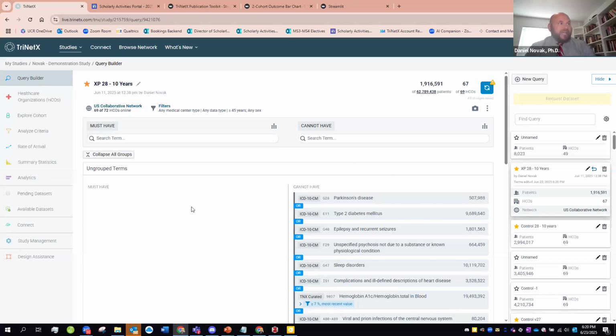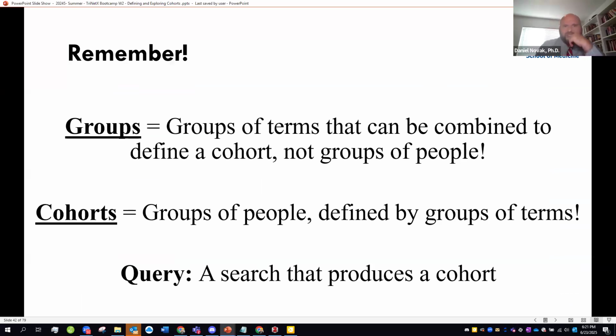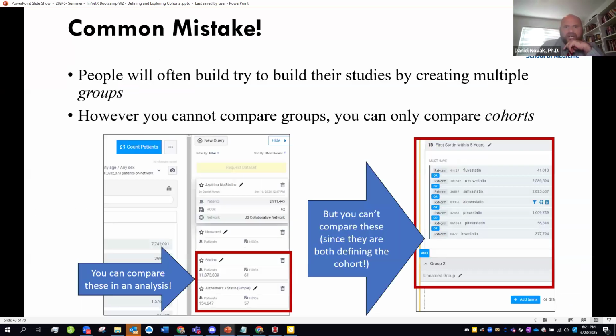If you've got any questions about that, please raise your hand, unmute yourself, or let me know in the chat and we can talk about that. As I said, a common mistake is putting all of your cohorts into one group of terms, or one cohort essentially. You can compare across these cohorts, but you can't compare across these groups since they're defining one cohort.